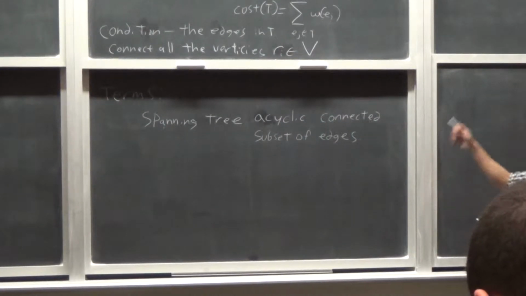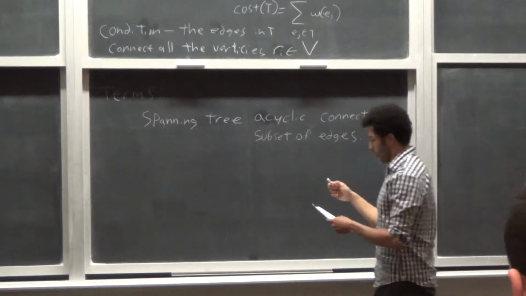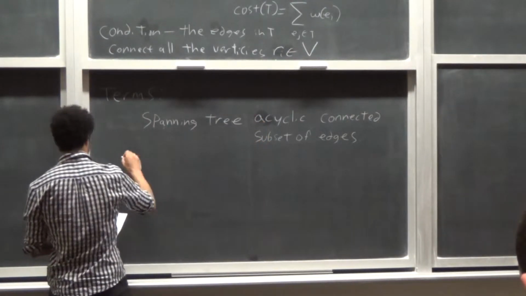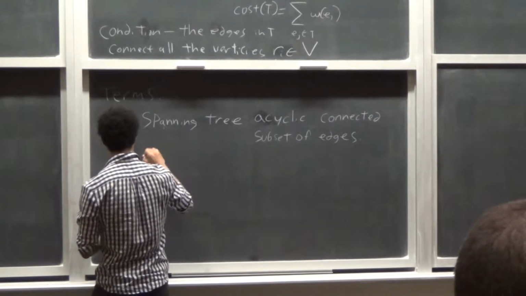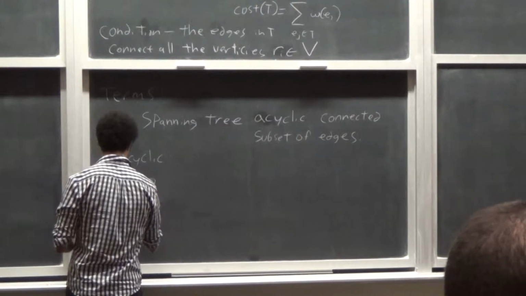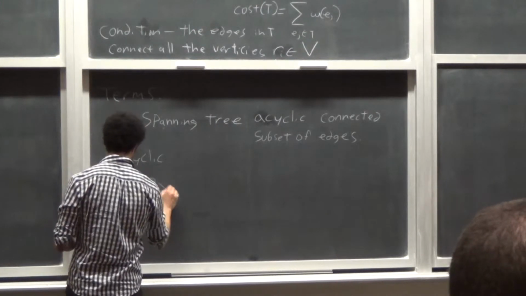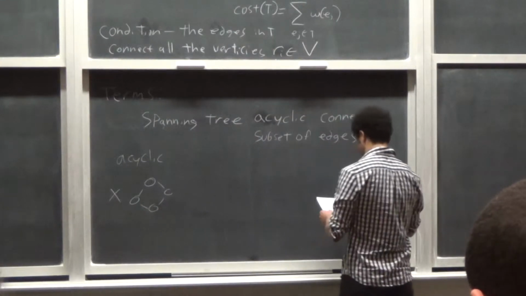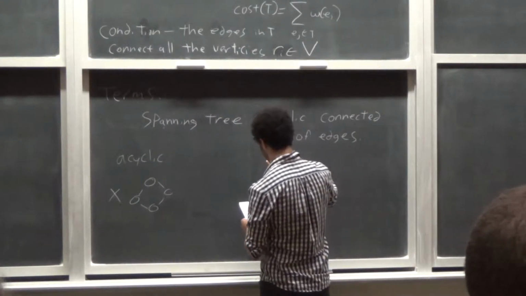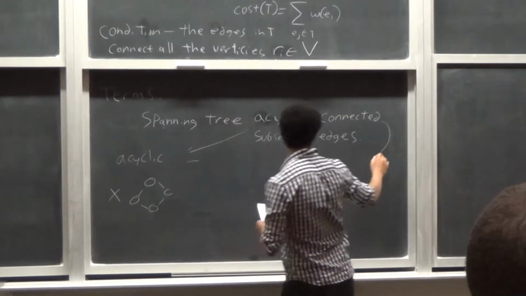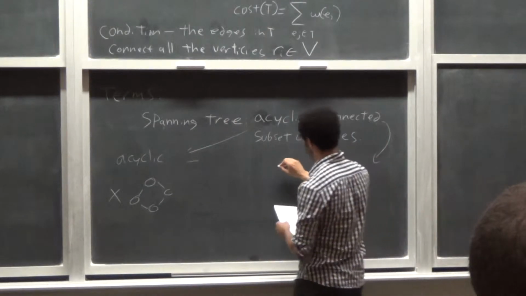So being a little bit redundant there, but that's okay. The acyclic part just means that there's no cycles. So if you want to draw some pictures in your notes, I'll assist you in that. And the fact that it's connected means there's a path between all vertices.